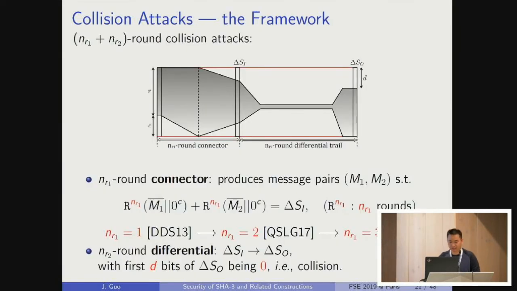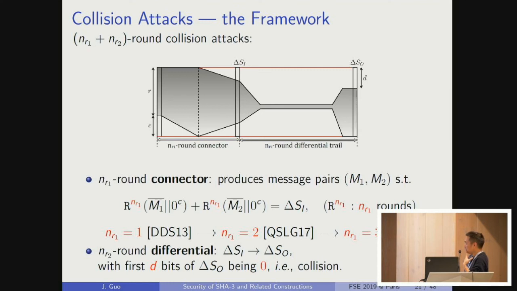So let's look at how we do it. This is the general framework of the attack. We have a differential trail, and for this differential trail we have a fixed input difference and a fixed output difference. And we have what we call a connector here, which connects the initial value to the input difference of the differential.